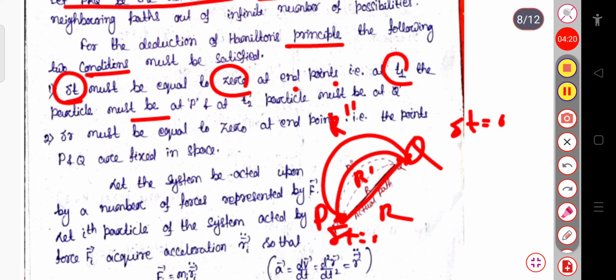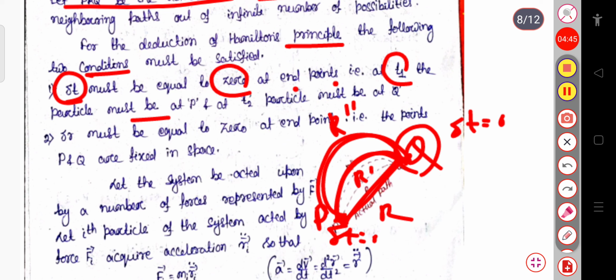If you choose this path R, then on this path also the particle will be at the point P, and at the point Q the particle is also present. And if you choose any of these paths, you will always find the particle present at the P point or at the Q point.